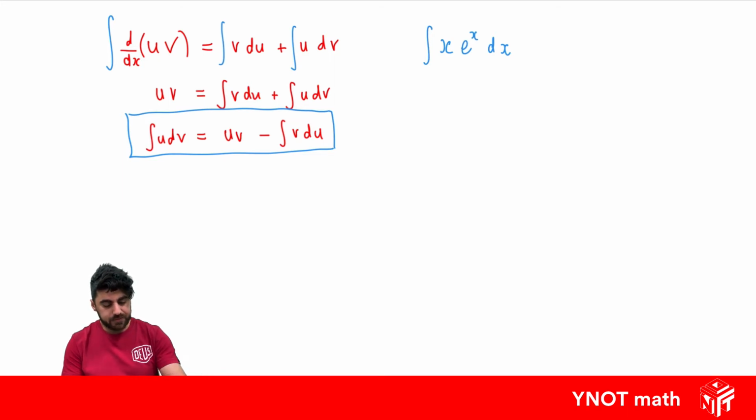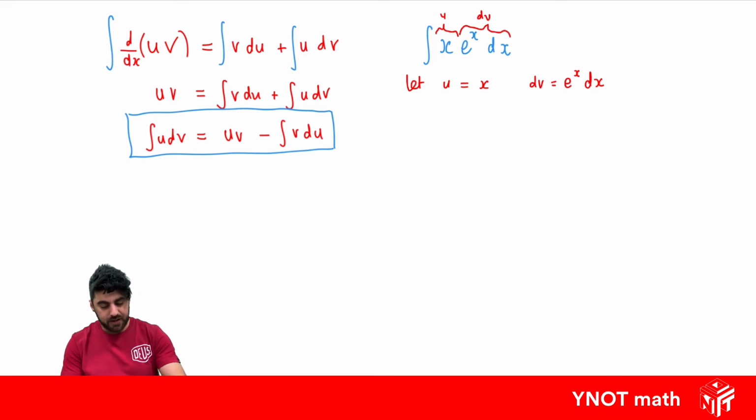So here we're going to let u equal x, and we're going to let dv equal e to the x dx. So we're taking this part here and letting it equal u, and this part here and letting it equal dv.